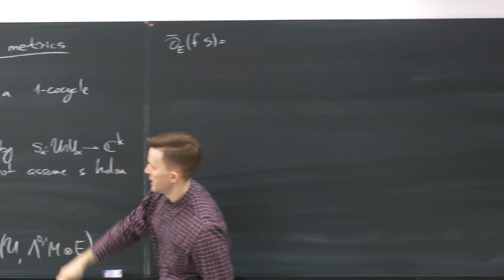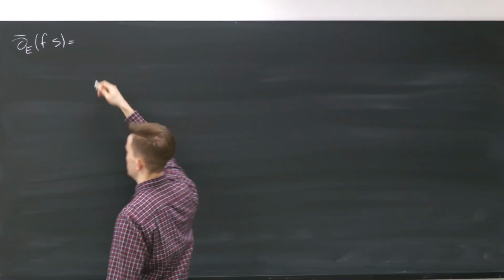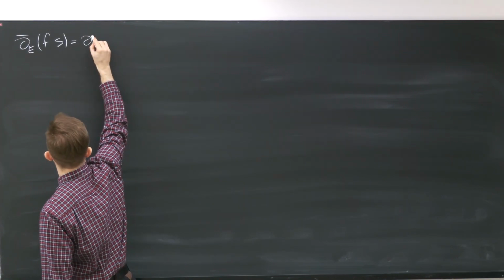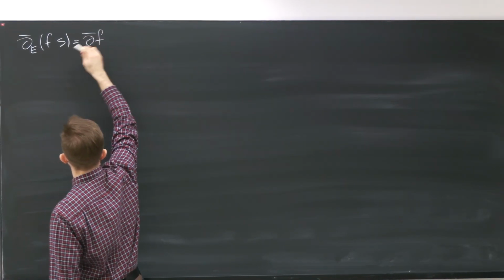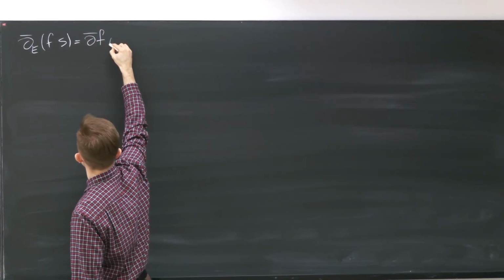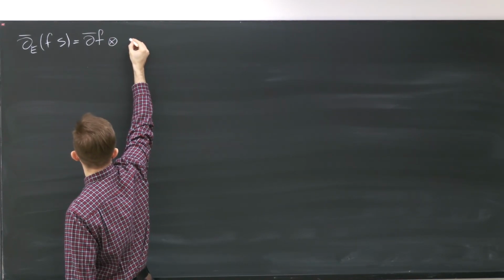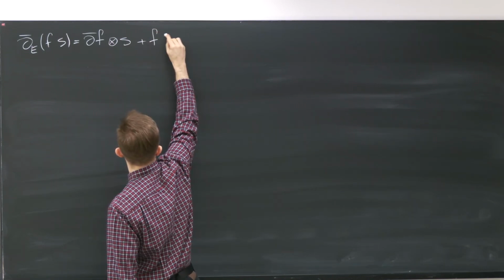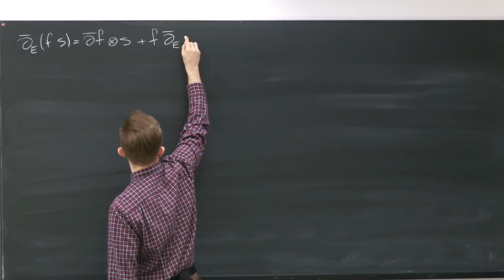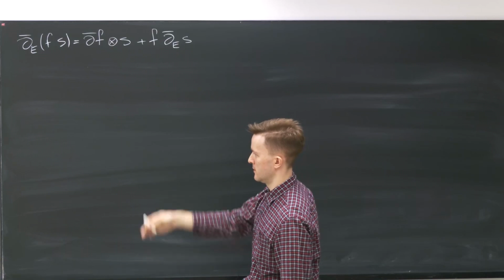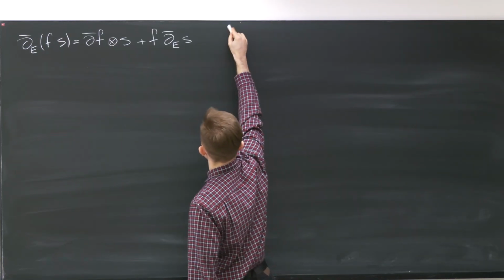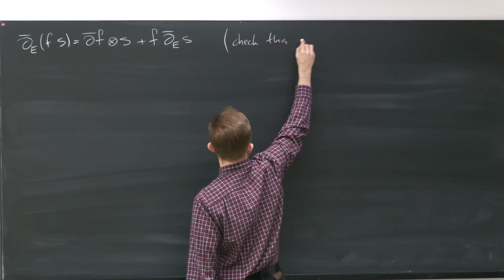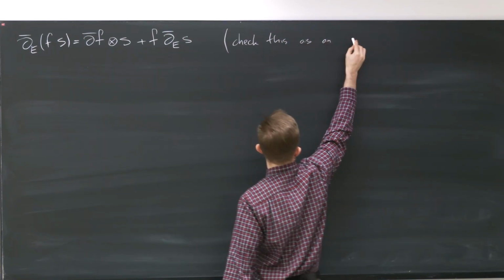So if I just apply this del bar to each component, then, well, you can see that this is del bar f tensor s plus f del bar_E s. So that's quite clear. So check this as an exercise.